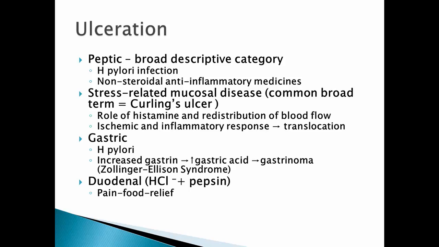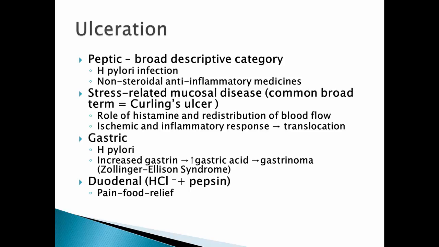The other fairly common cause of a peptic ulcer or peptic ulceration is non-steroidal anti-inflammatory meds. And we know that these are over-the-counter as well as by prescription, and pretty much everybody's got ibuprofen or aspirin in their medicine cabinet. And that's why you have to remember how these medicines work.